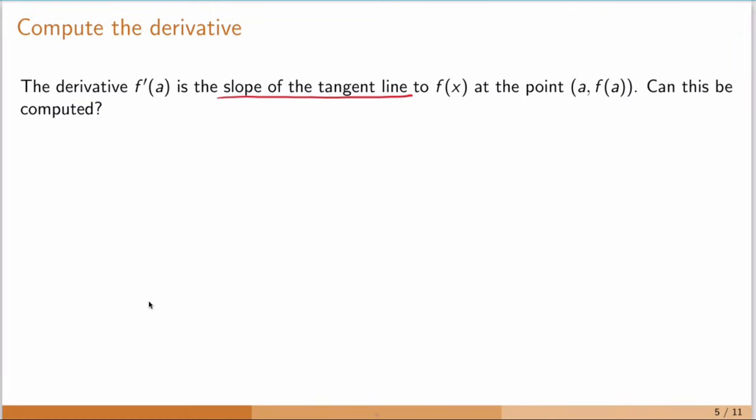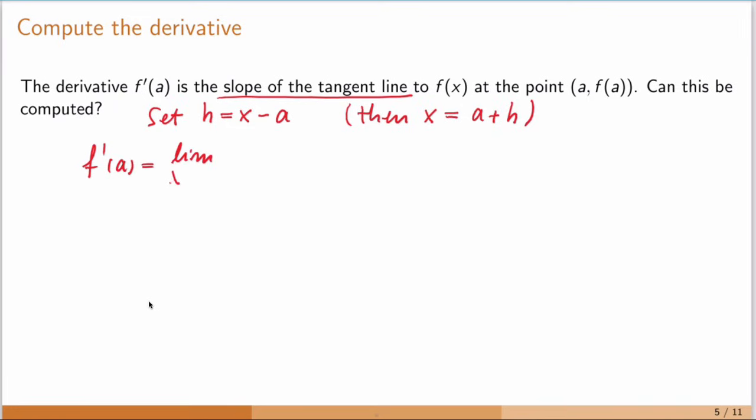And a nice way to compute it is to introduce a new variable. We set h to be x minus a, and then of course x is equal to a plus h. And then we substitute this into the definition of the derivative. So f prime of a was the limit as x goes to a of f of x minus f of a, divided by x minus a.